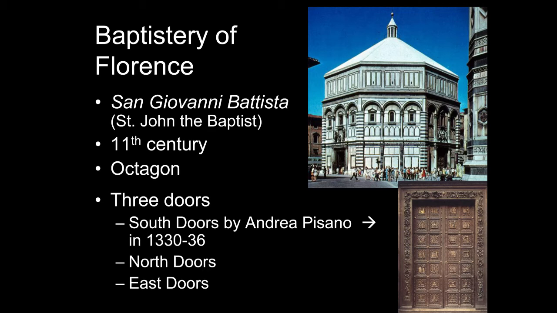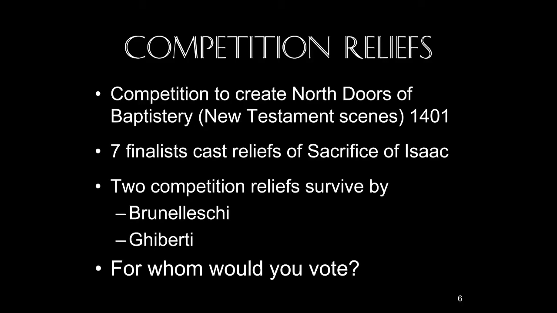So you would have had wooden doors, but at different times, the Committee of the Works of the Cathedral, the Opera del Duomo, decided that they would have bronze doors created for this building. So, at the very beginning of the 15th century, 1401, they call for a competition. They're going to have a contest to decide which artist will create the north doors of the baptistry.